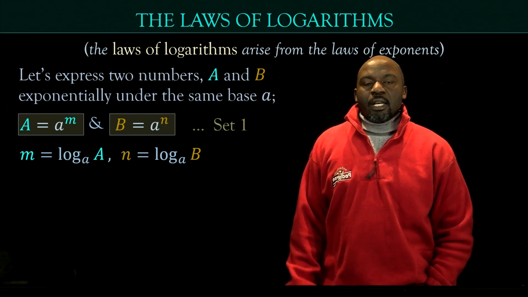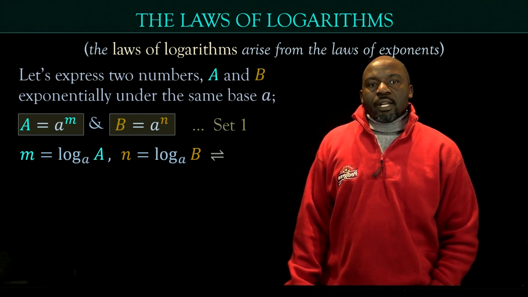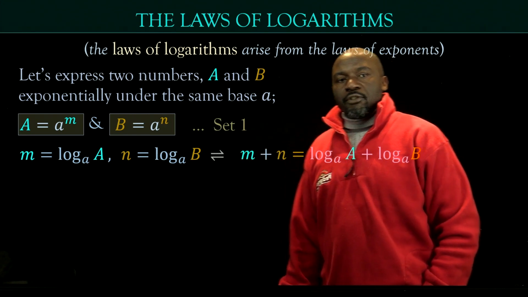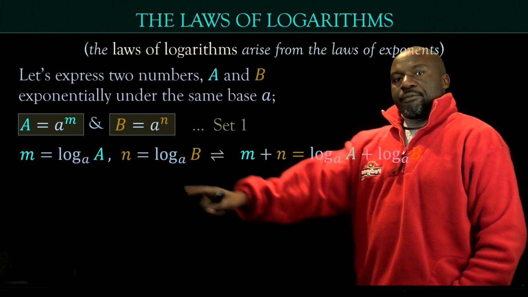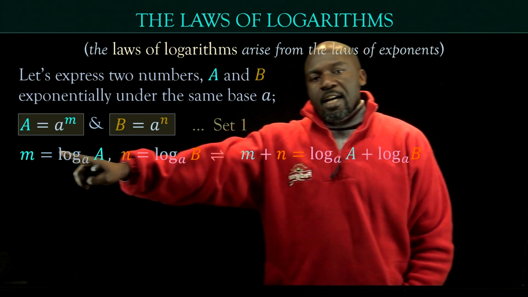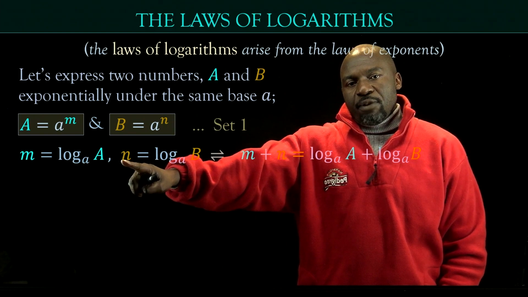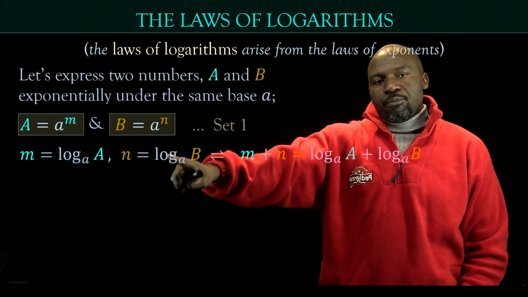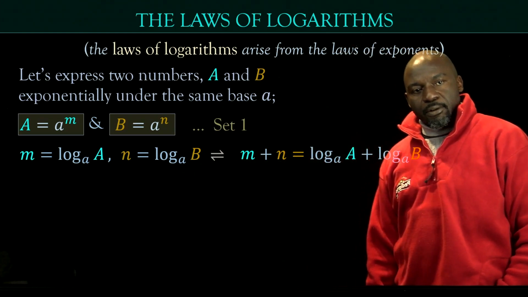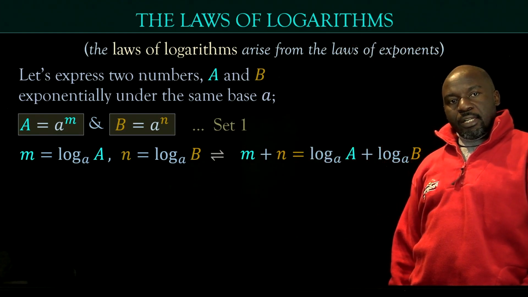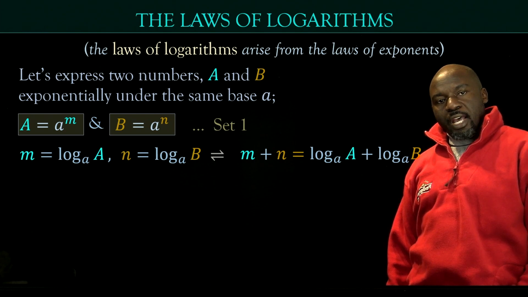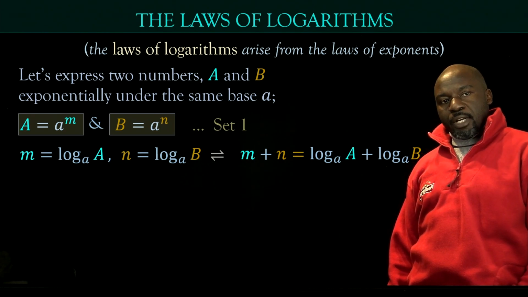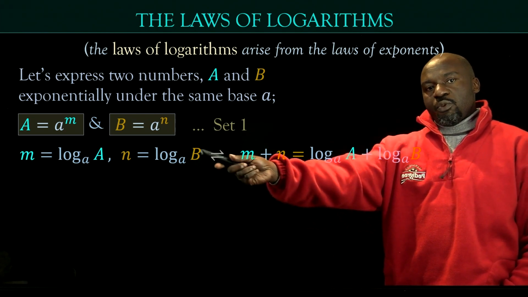Keep that in mind. Now, with that in mind, we can reason that if I take m and add n, that is equivalent to taking log of a and adding log of b, like that. All right, so m plus n must be log of a plus log of b based on what we've written there.